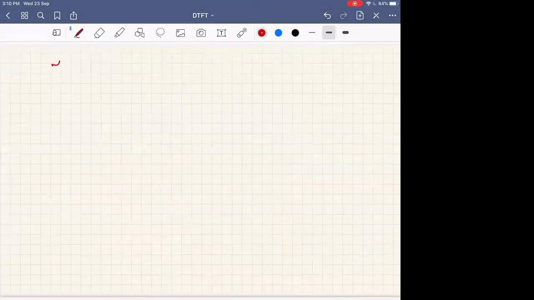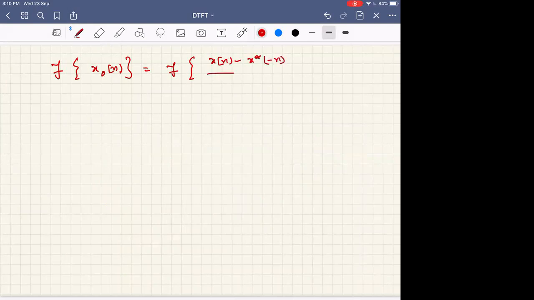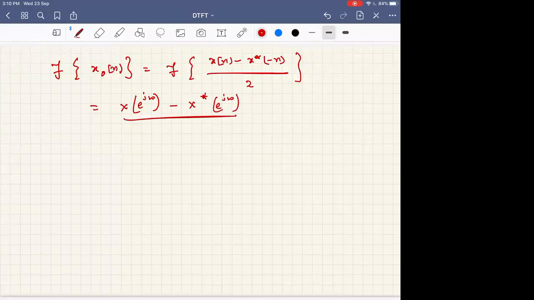So the Fourier transform of the x odd part of n. If you want to write it, x of n minus x star of minus n, this is how we define the odd part. Correct? This is equal to x of e power j omega minus x star of e power j omega, by 2.